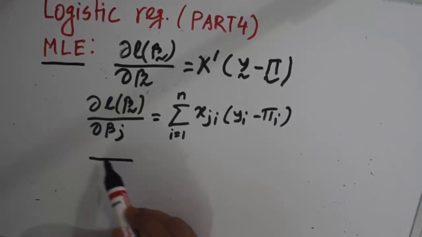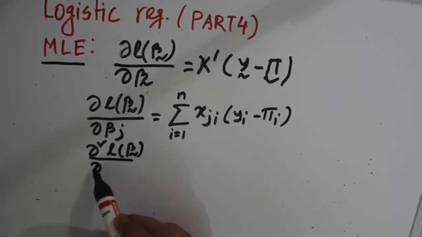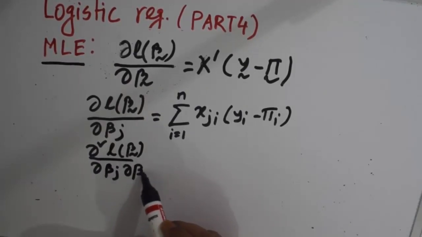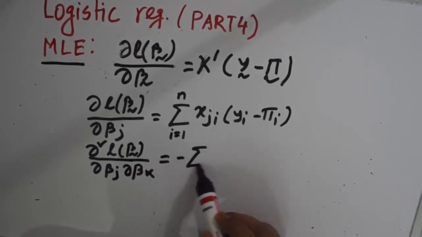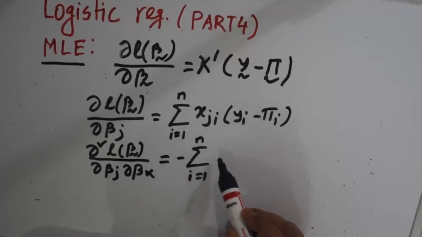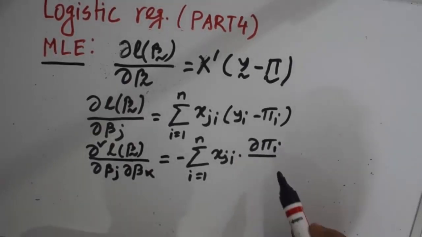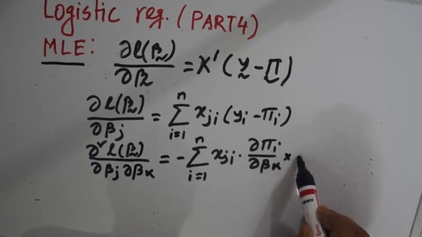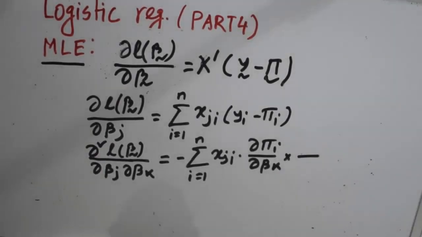Then the second partial derivative of l of beta curl with respect to beta j and beta k is equal to minus the sum over i from 1 to n of xji times the partial derivative of pi i with respect to beta k.